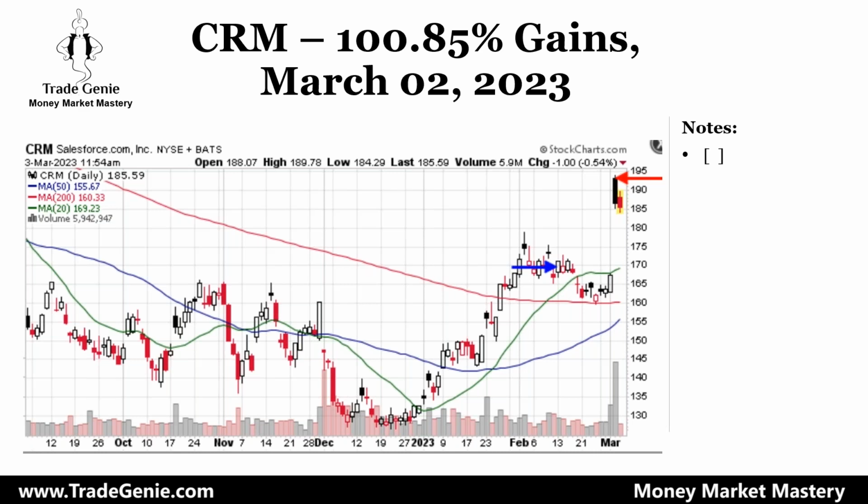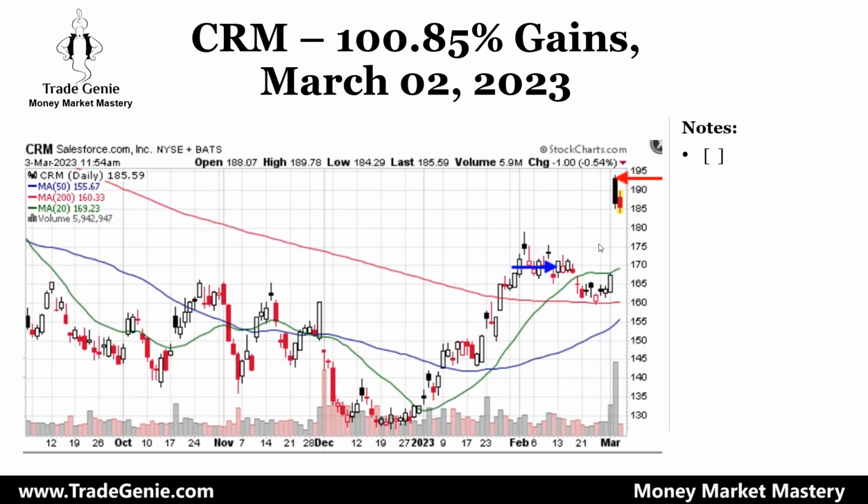So that was the line, 194. When the market opened, it did not go above the pre-market high of 193.80 something. So I sold the majority of them, then waited 10 to 15 minutes, and then it started to move down, so I sold the rest.